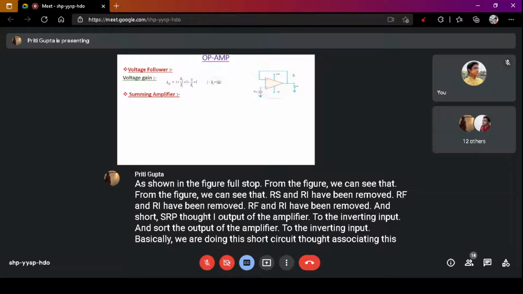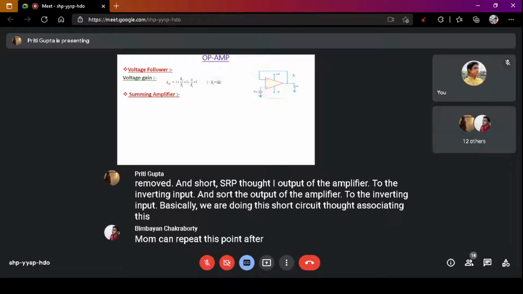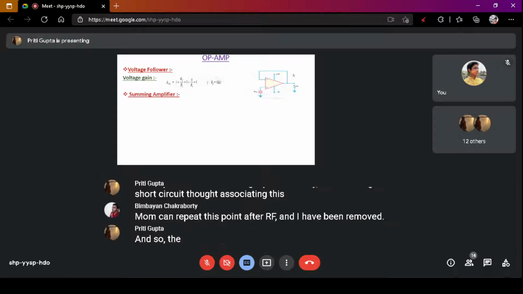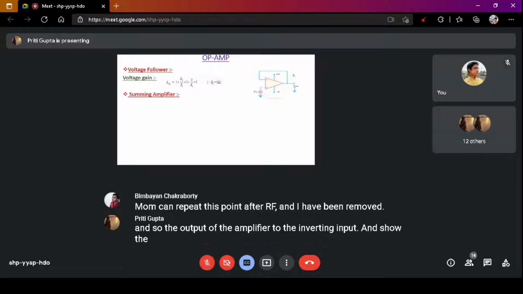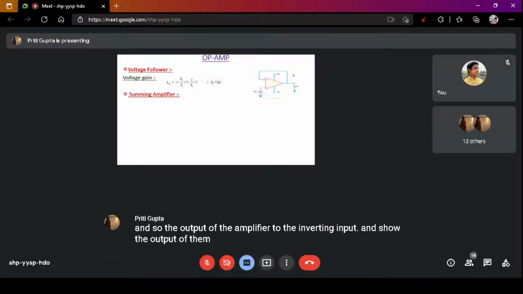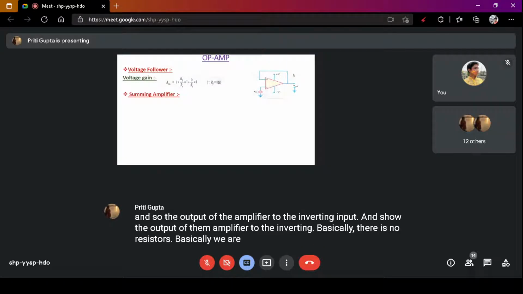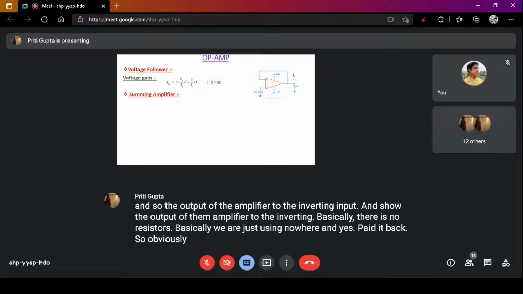Ma'am, can you repeat this point after RF and RI have been removed? Short the output of the amplifier to the inverting input. Basically, there is no resistor. We are just using a wire and we feed it back. So obviously, there is a short circuit.